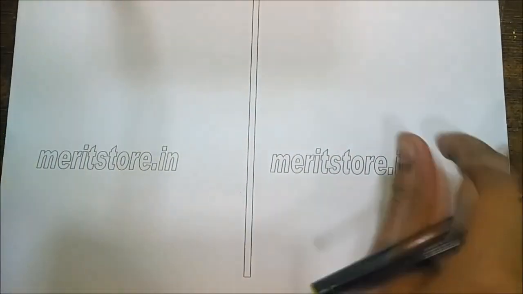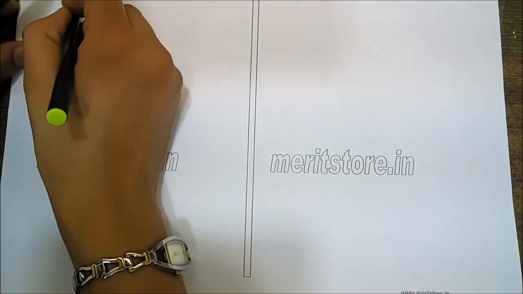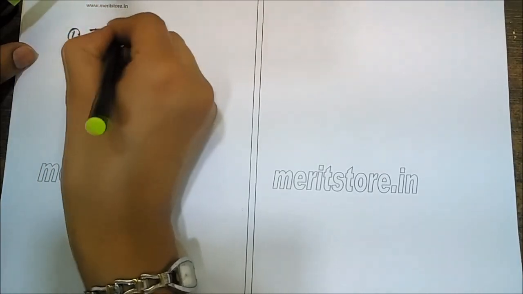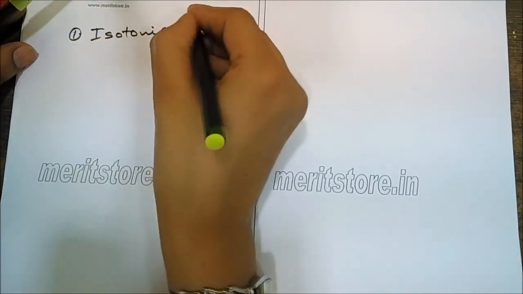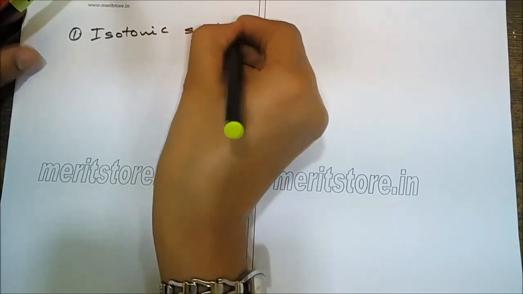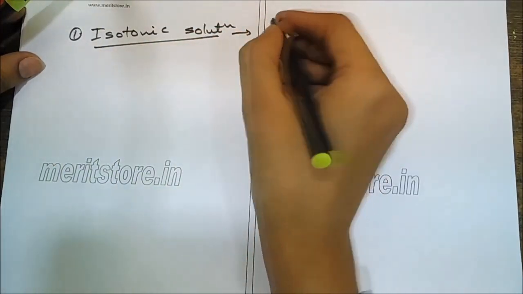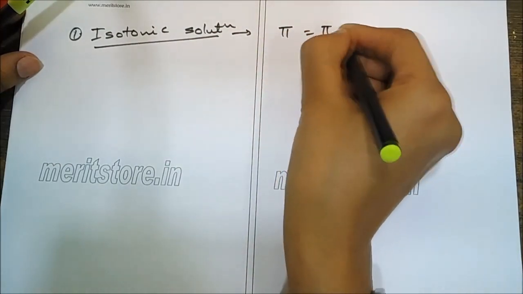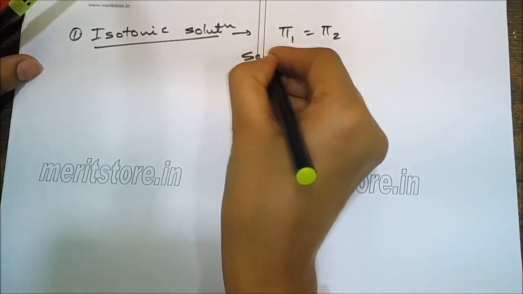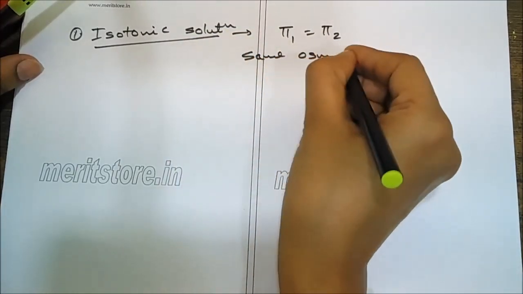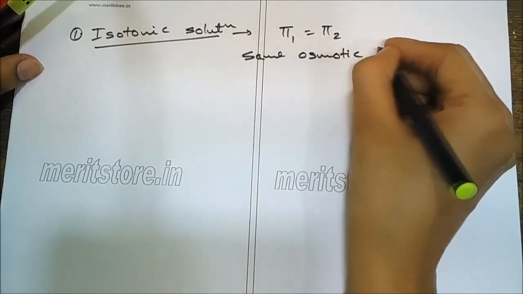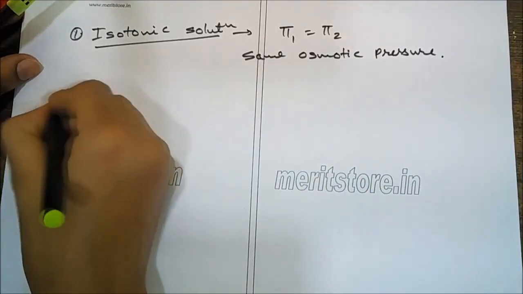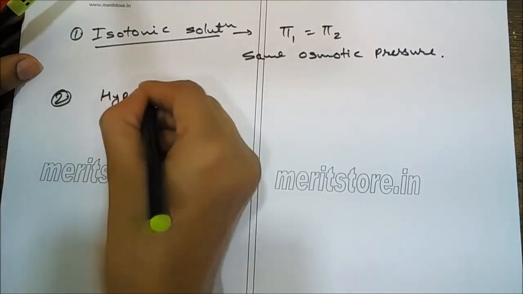Now, types of solutions according to osmotic pressure. The first is isotonic solution. Isotonic solutions are those solutions which have the same osmotic pressure. Second is hypotonic solution.